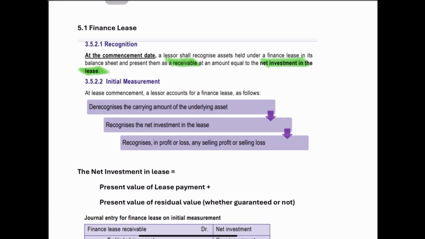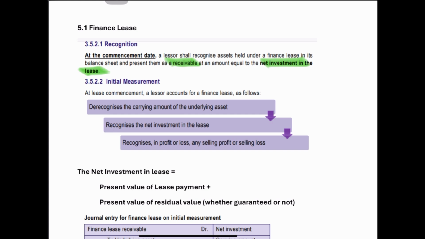This is important. Generally the lessor owns the land and building, but once a lease agreement is signed and it is a finance lease, it means that eventually the land and building are being sold by the lessor to the lessee. Finance lease means the majority of the economic life of the building is being sold to the lessee.